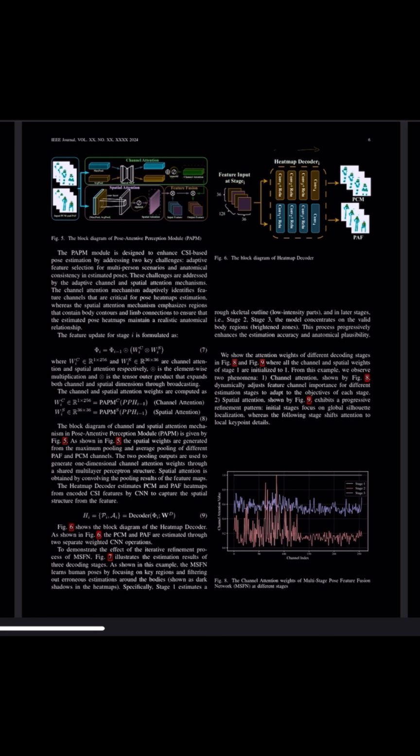This multi-stage setup progressively refines the pose prediction, correcting mistakes and enforcing anatomical plausibility. They use a non-maximum suppression and PAF-based matching algorithm using the Hungarian algorithm, which solves the bipartite assignment problem for key point matching across individuals.